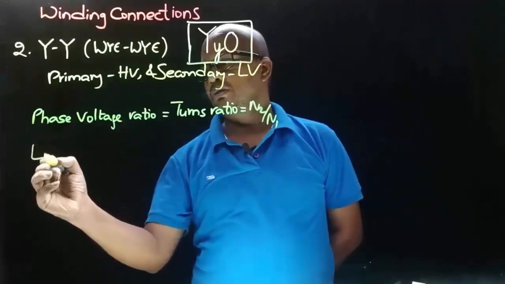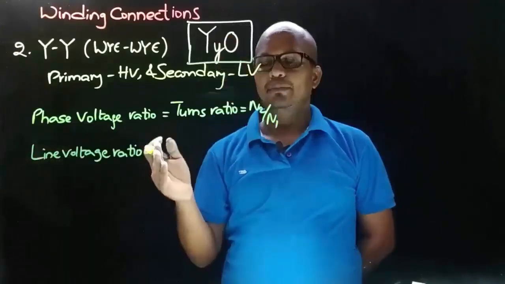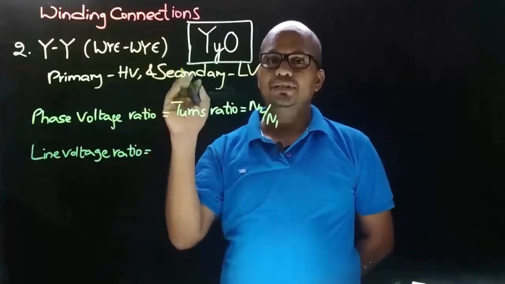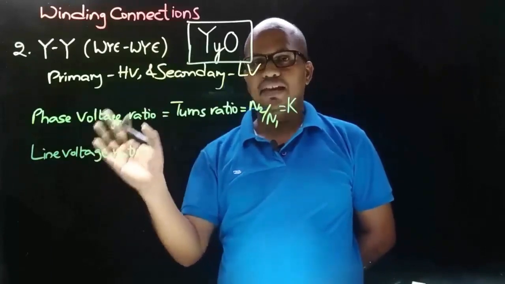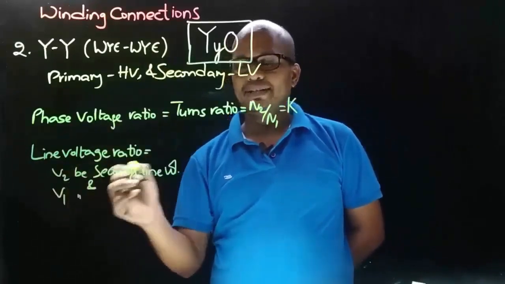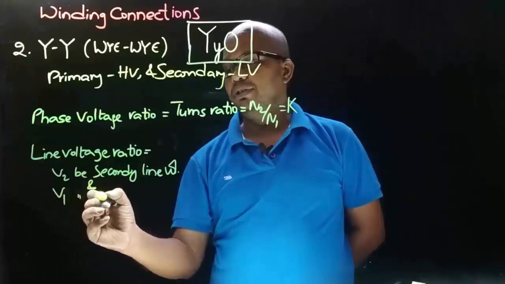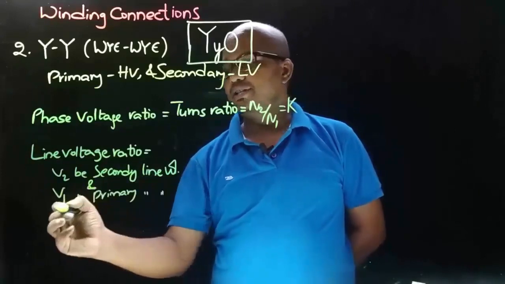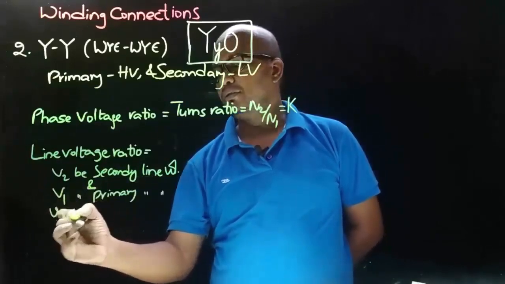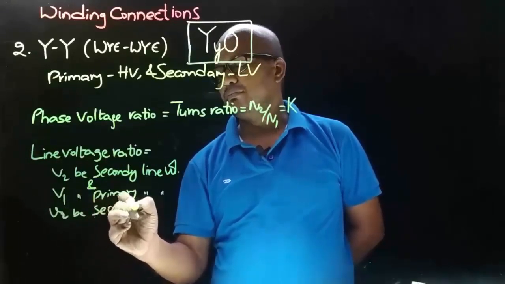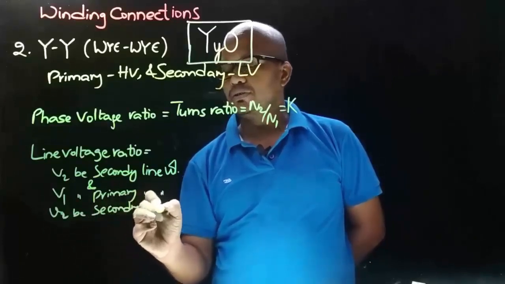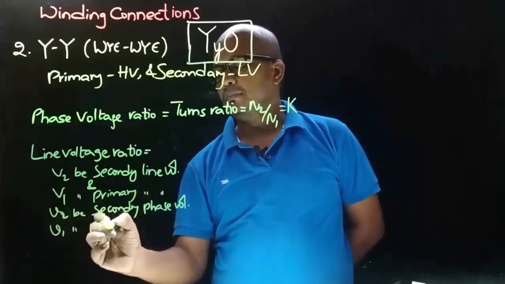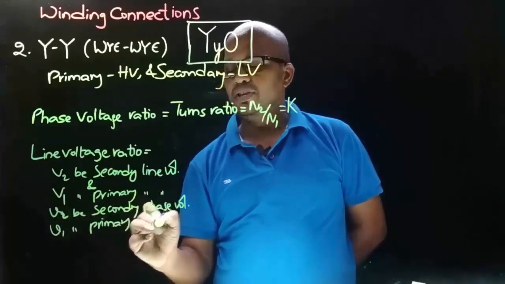And coming to line voltage ratio, it can be taken as equal to the turns ratio or not, that depends on the type of connection employed in the three-phase transformer. Now let's find out the line voltage ratio. Let capital V2 be the secondary line voltage and capital V1 be the primary side line voltage, and small v2 be the secondary side phase voltage and small v1 be the primary side phase voltage.